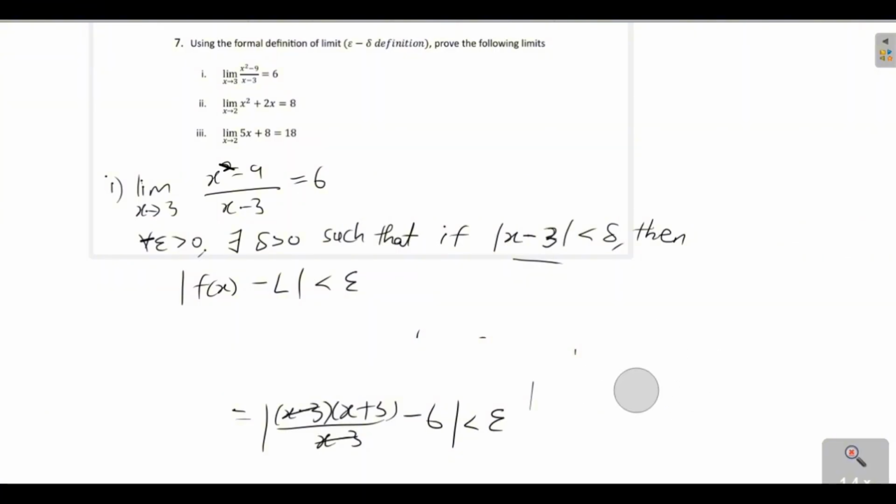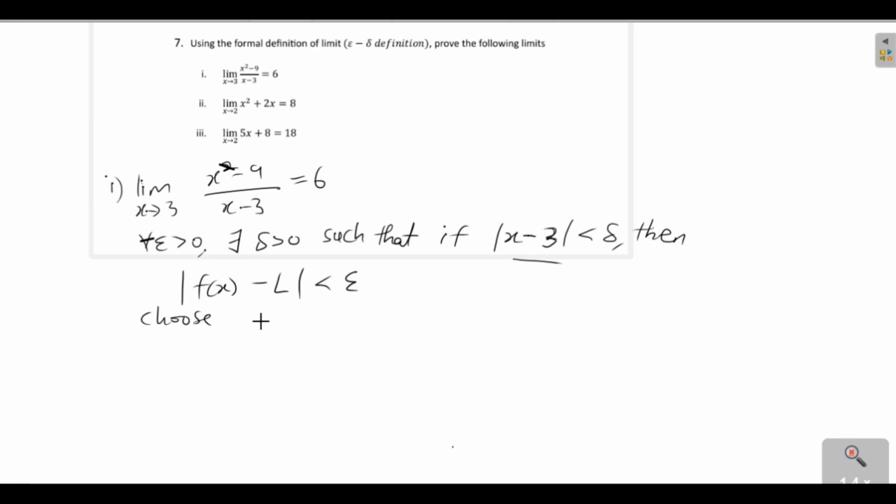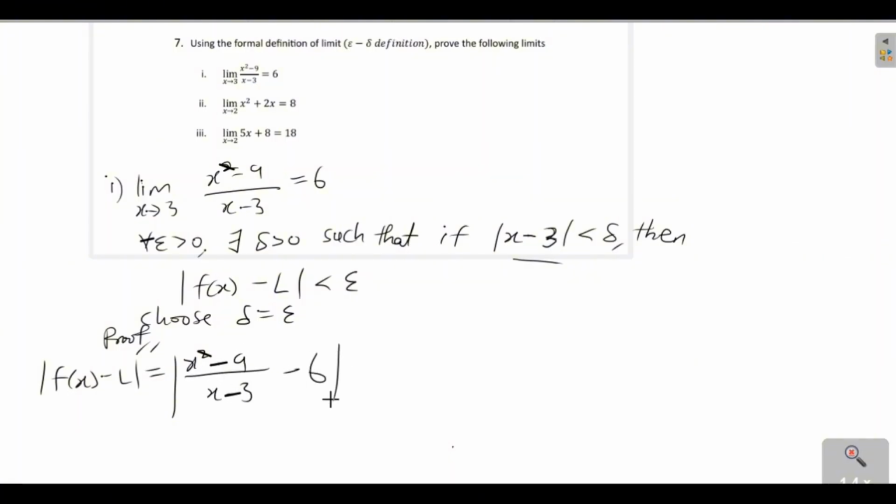So now I choose my delta to be epsilon, and then I use that to prove. So choose delta to be equal to epsilon. Then now I start the proof. So the absolute value of f of x minus L is actually equal to (x squared minus 9) over (x minus 3), minus the limit 6.